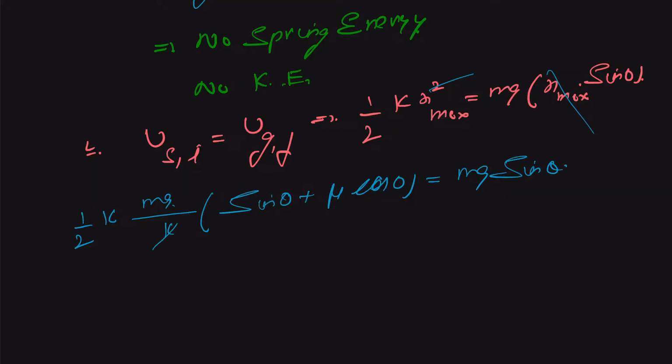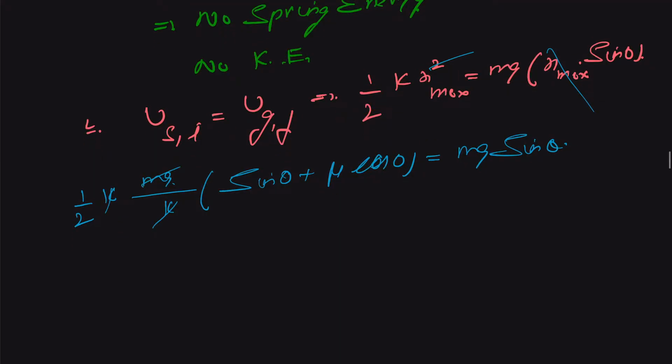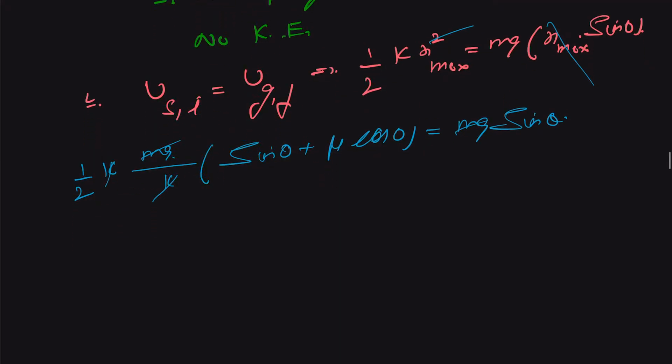The k and k cancel out, and mg and mg also go away. So we are left with only half of sine theta plus mu cos theta is equal to sine theta.